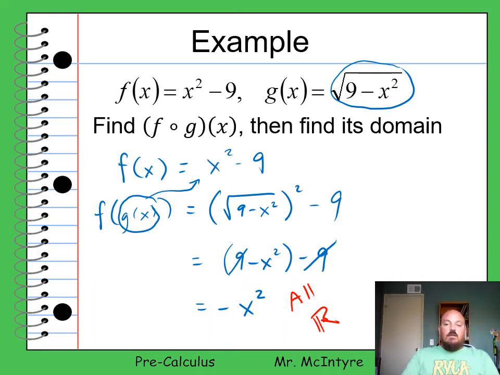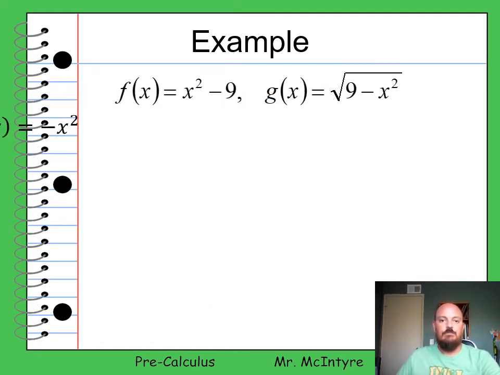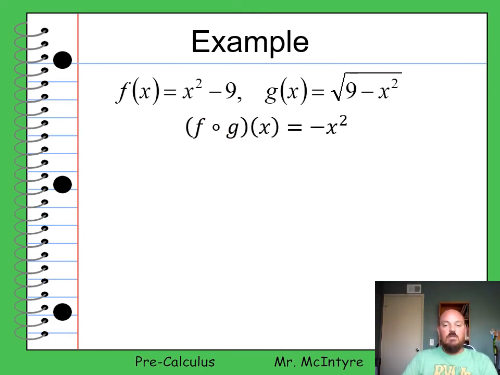Now, that is not the answer to our question. The domain is not all real numbers. So let's talk about why. Clear some space here. So here's our original problem and the answer we just found. We had our original f of x and g of x, and we have our f of g of x.